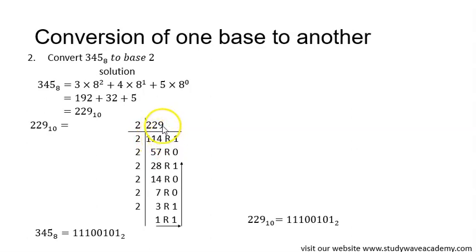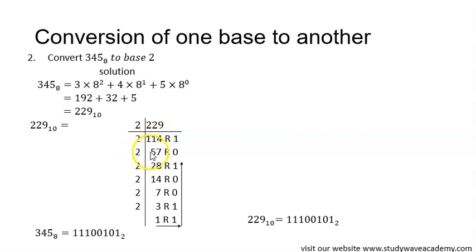So it's a remainder of 1 because we are looking for 229, right? You understand? So 2 in 114 gives you 57 remainder 0. There's no remainder. 2 times 57 is 114, okay?